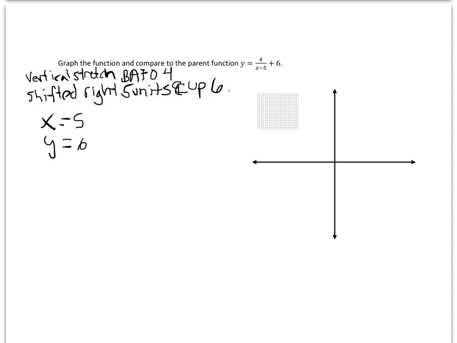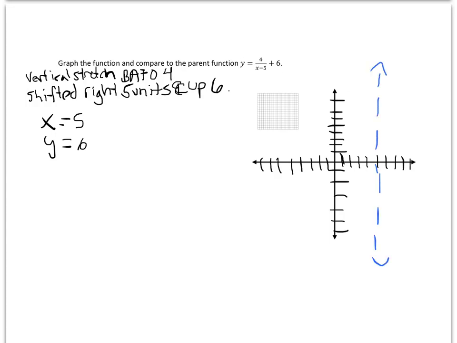So we are going to need to graph these. x equals 5, 1, 2, 3, 4, 5. y equals 6, 1, 2, 3, 4, 5, 6.